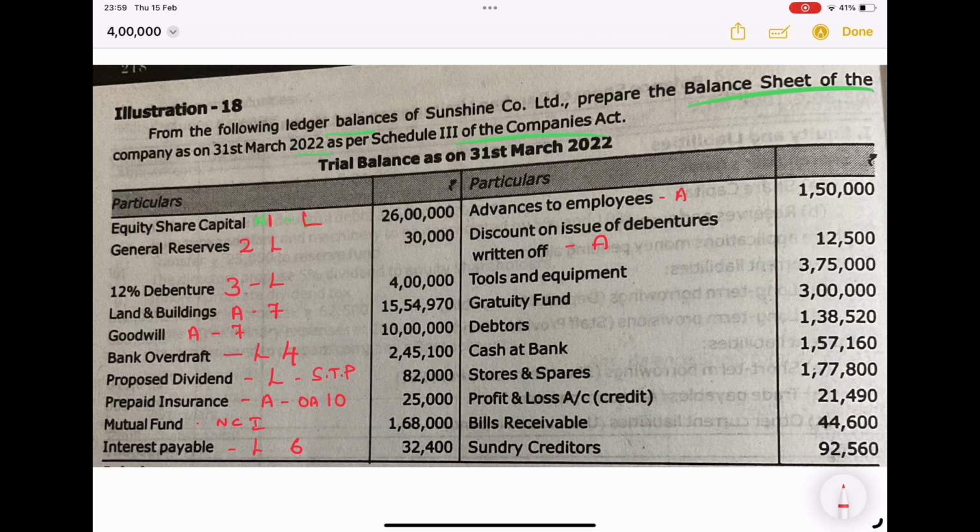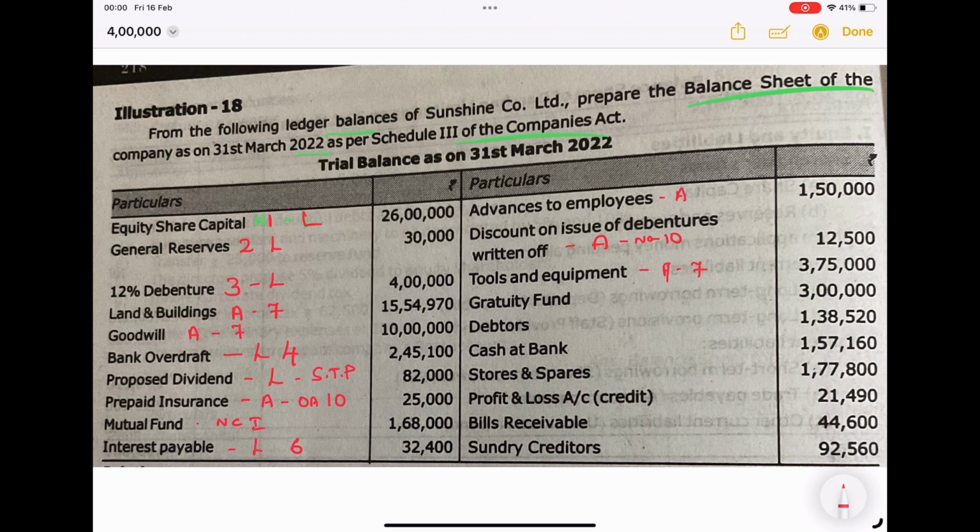These two statements we are going to show on the asset side, that too in note 10, other current assets. Tools and equipments are related to fixed tangible assets, note 7.